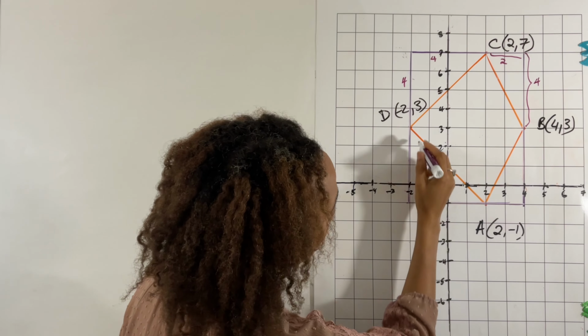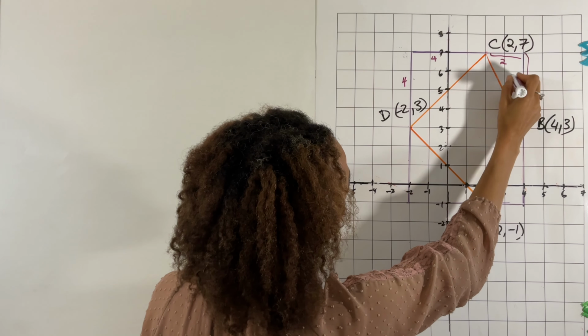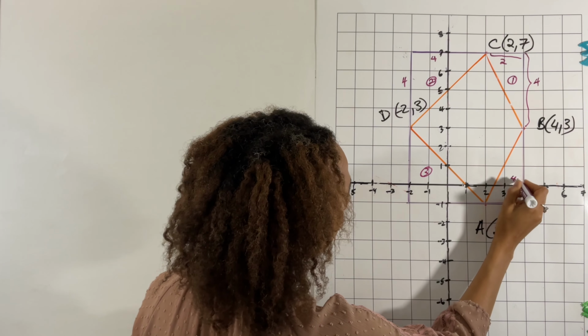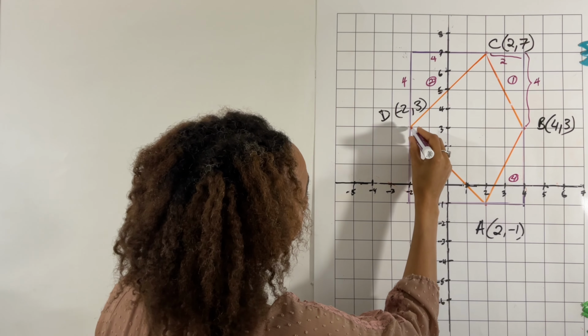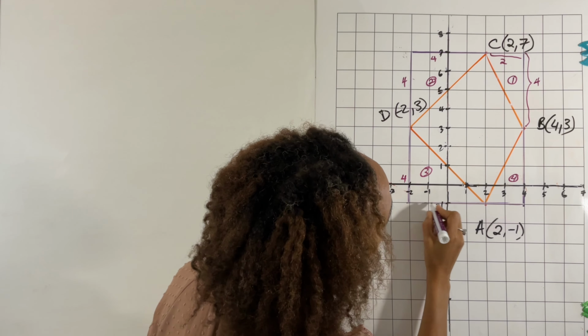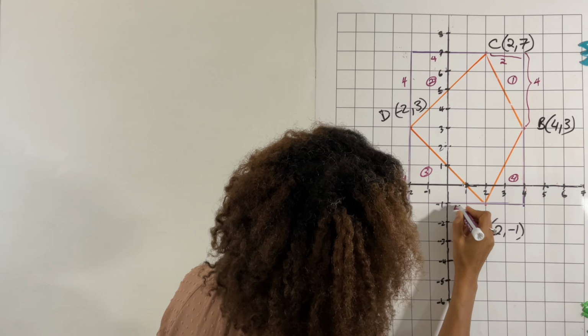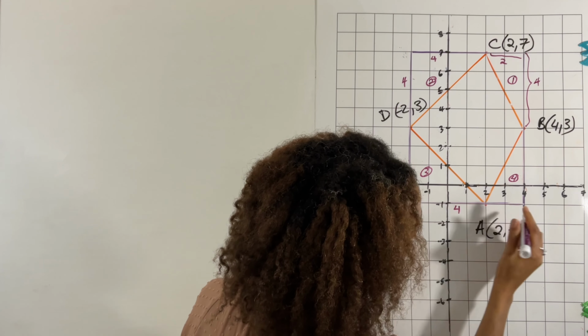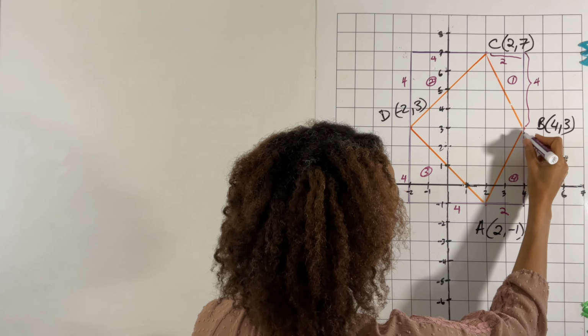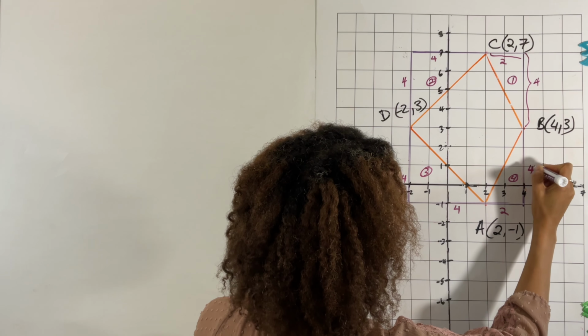All right, and this is 1, 2, 3, and 4. So here we have 2, 4 coming down and going across, 2, 4. All right, and then we have here, this is 2 going across by 4 coming down.